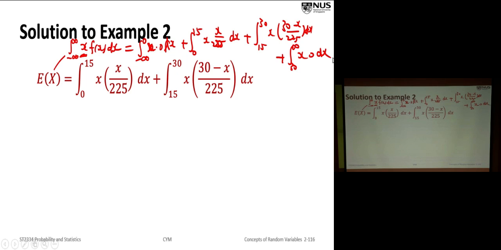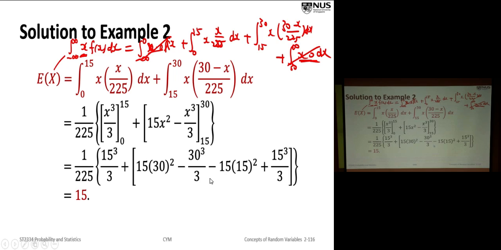All right, because the PDF is defined over 4 different regions. For the 2 regions from minus infinity to 0 and from 30 to infinity, the PDF is 0. So the integral is 0, and therefore it disappears. So we do the integration.